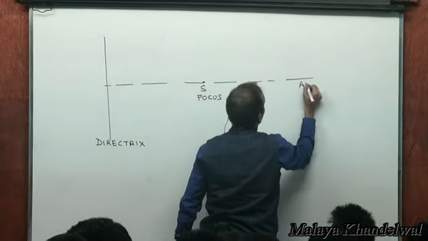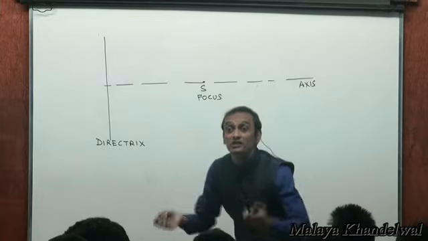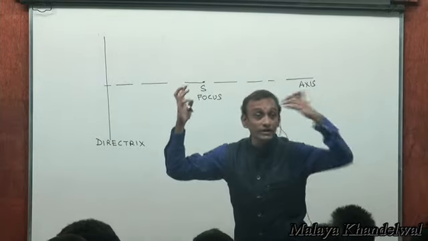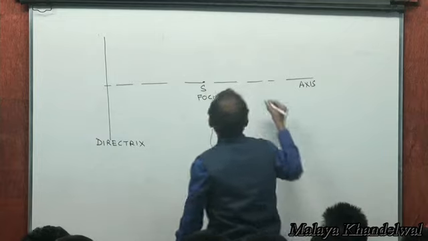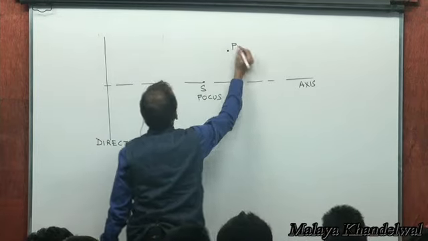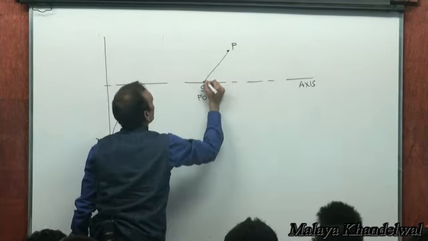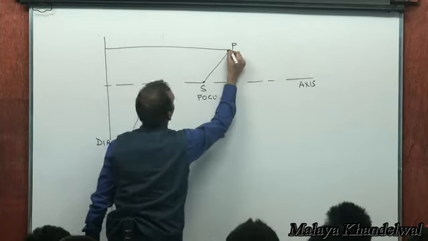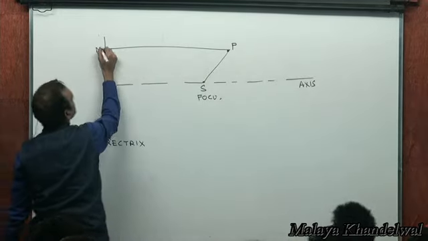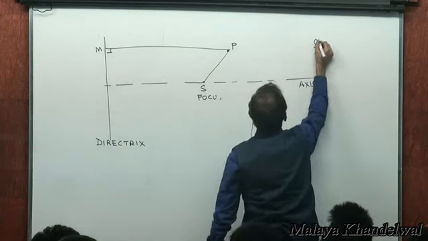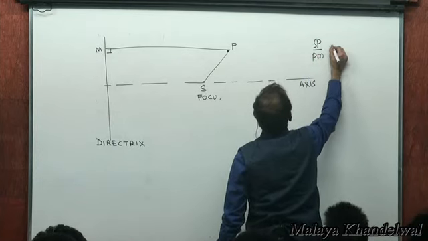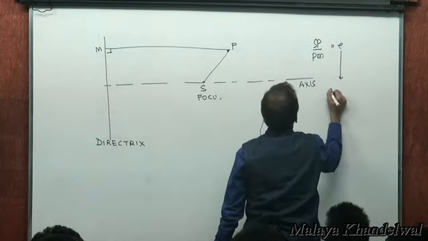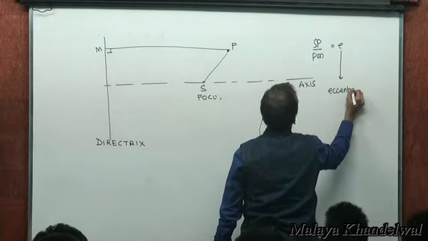The axis of the conic section is also the axis of symmetry of the conic section. Clear? This is a moving point P, and it moves in a manner that SP by PM is a constant E, and this E is referred to as the eccentricity of the conic section.